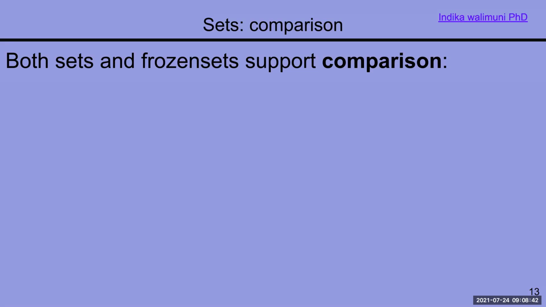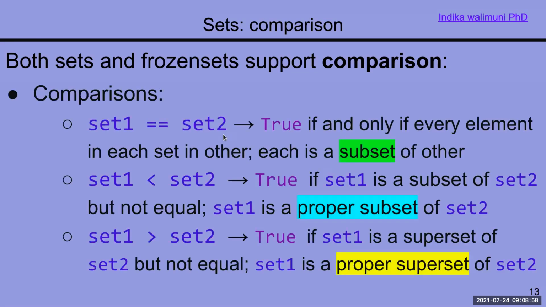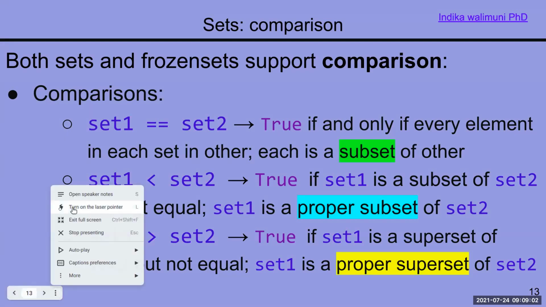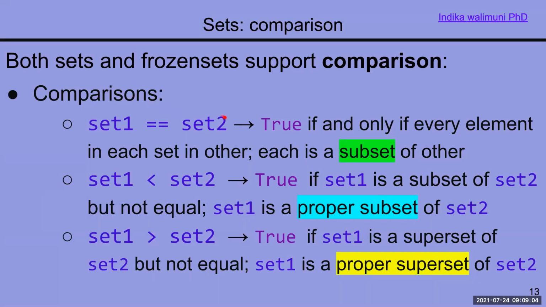We know that we can compare two strings, two numbers, two lists, right? The same way we can also compare two sets. So sets support comparison. Equality: set one and set two are equal if and only if every element in each is in the other set.